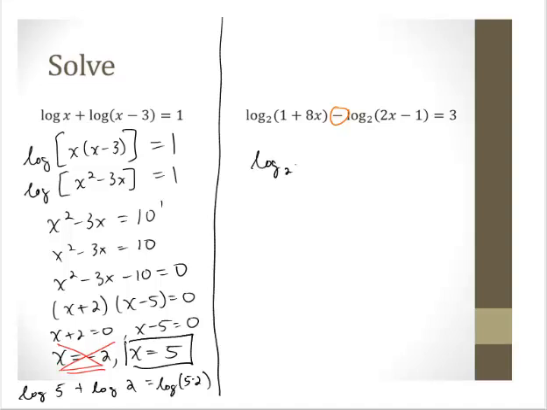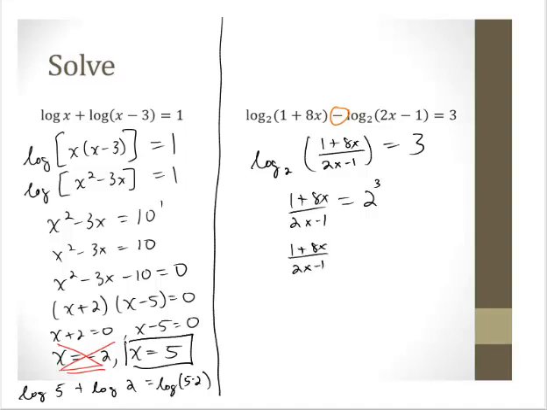Log base 2 of 1 plus 8x over 2x minus 1 equals 3. Let me convert this to an exponential form. 1 plus 8x over 2x minus 1 equals 2 to the third power.